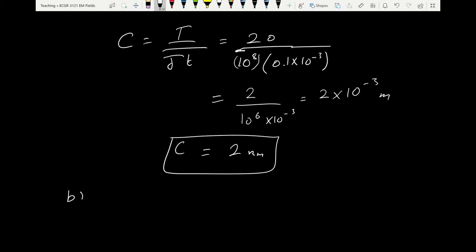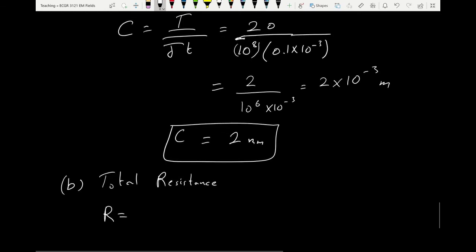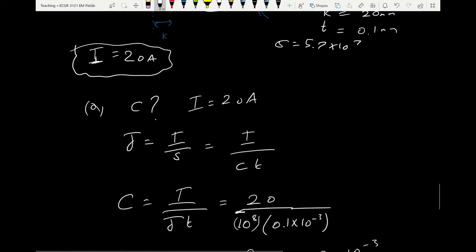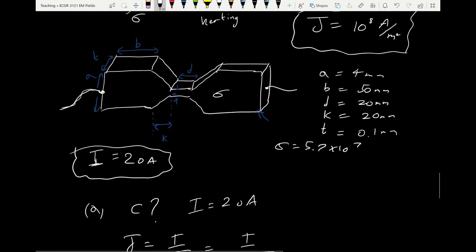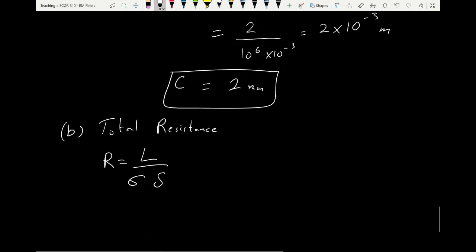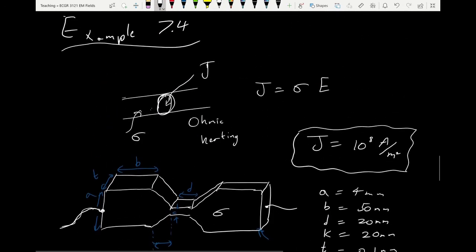Part B asks you for the total resistance of the fuse. Remember we derived this relationship: resistance is length over conductivity times cross-sectional surface area. We cannot use this directly. We have to use this result multiple times, because this fuse has multiple portions, right?